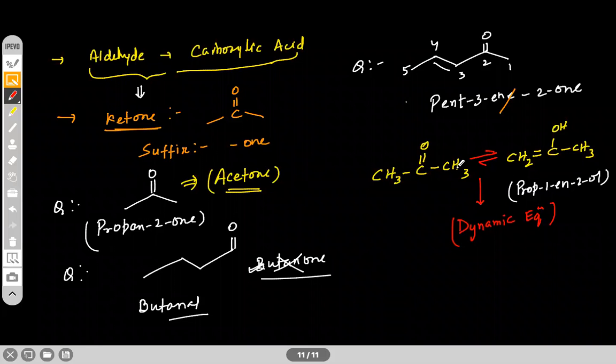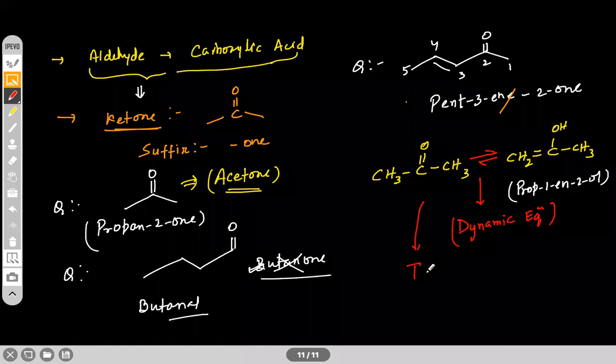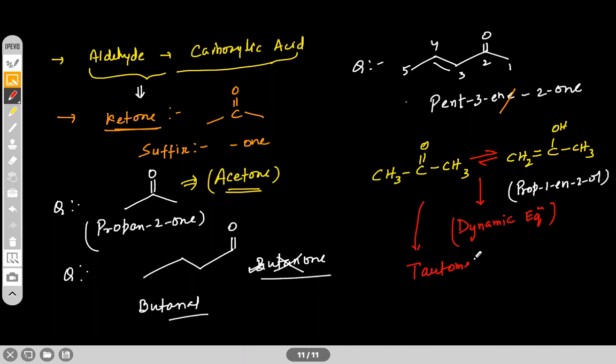Yes, functional isomers. But here it is a special type of isomerism in which the two isomers are in dynamic equilibrium with each other. This kind of isomers we call tautomers. So tautomers are a special kind of functional isomers where the two isomers are in dynamic equilibrium with each other.